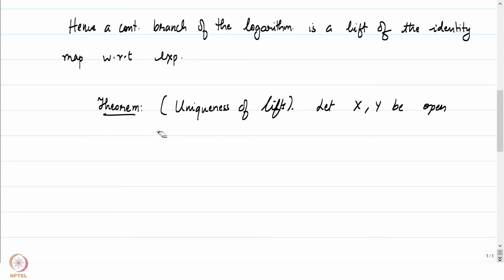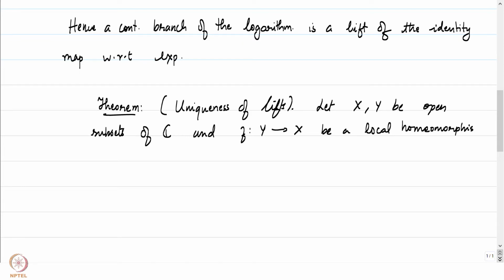We don't need connectedness here, so let me not impose that. Open subsets of C, and f from Y to X be a local homeomorphism. The above example fits perfectly here. What is the formal definition?